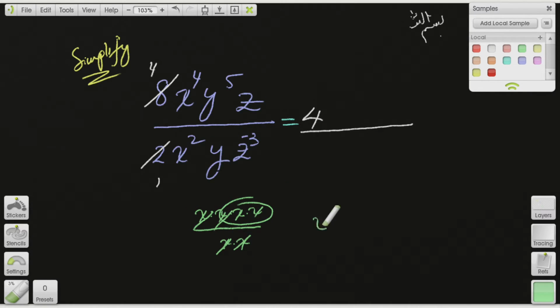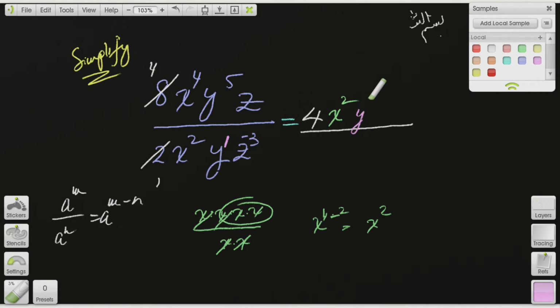Or x to the 4th minus 2 is x squared, from this rule, a to the m over a to the n is a to the m minus n. So there's 4 on the top, there's 2 on the bottom, you get x squared. And regarding the y's, there's 5 on the top, there's 1 on the bottom, see? That becomes y to the 4th.